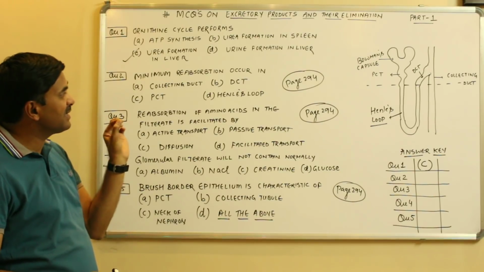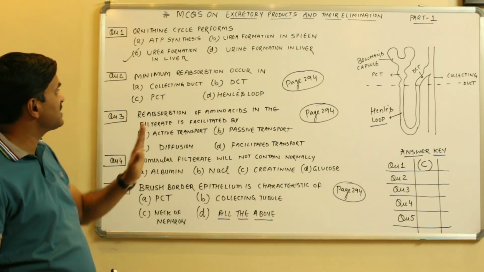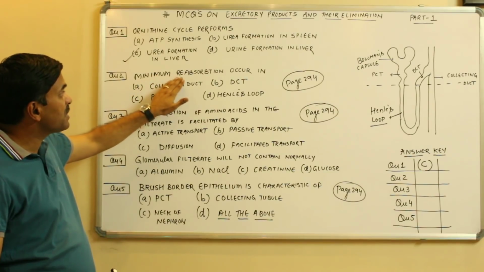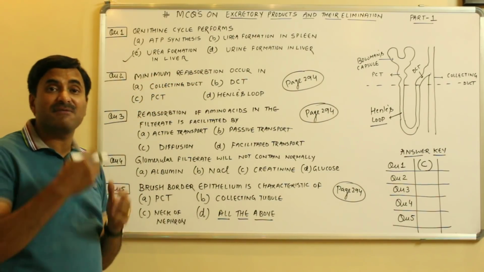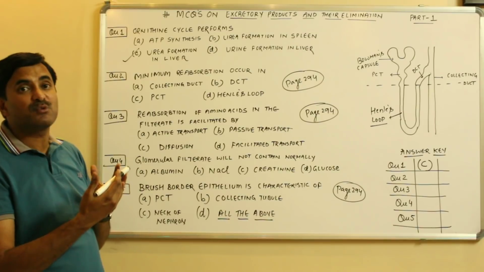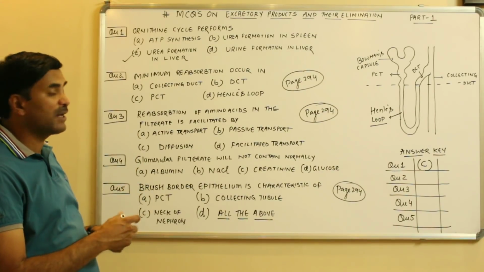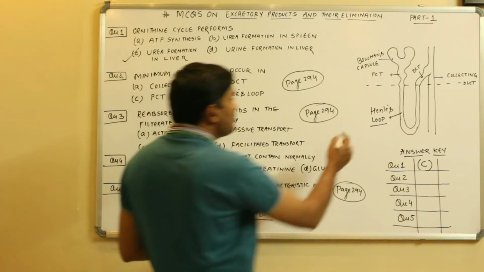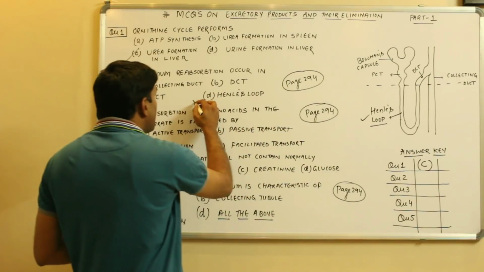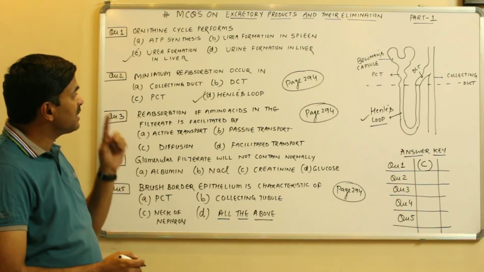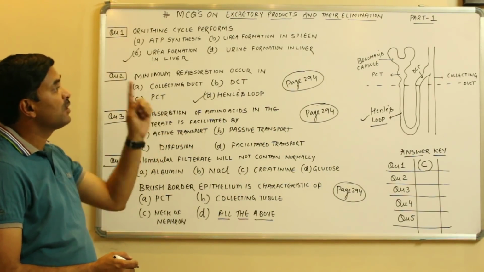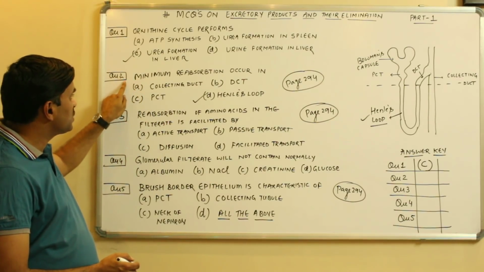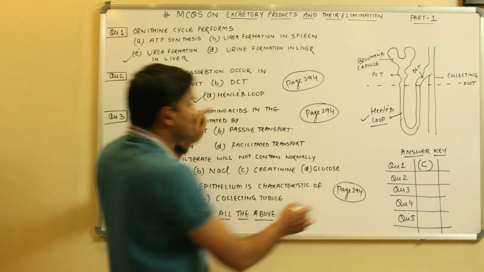It is clearly written in the very first line, he wants to ask in which part of the nephron minimum reabsorption occurs. So always remember, minimum reabsorption occurs in Henle's loop part of the nephron. So question number 2 is having the answer D.